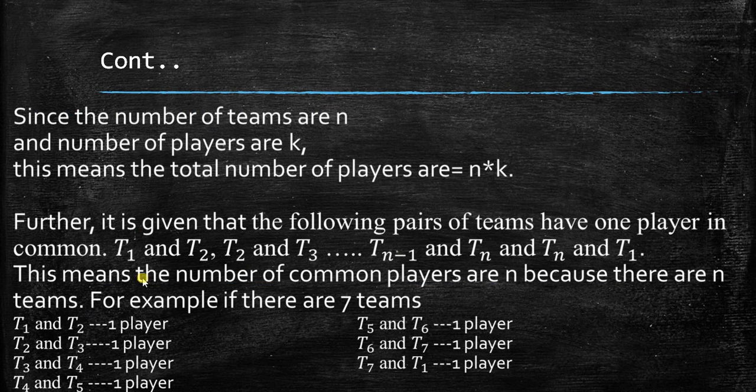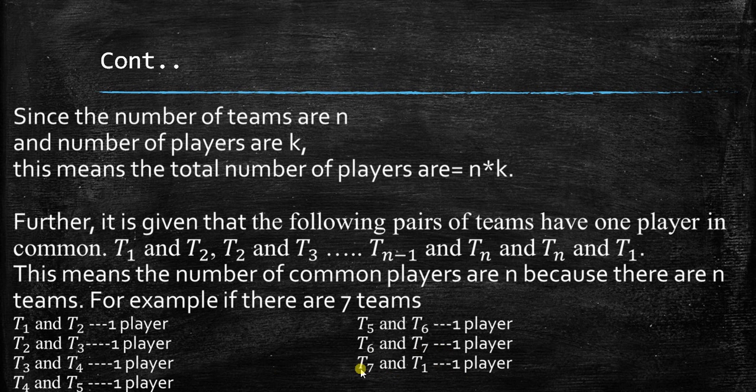The number of teams we have selected is 7. We have assumed it. So T1, T2 has one player in common, T2, T3 has one player in common, T3, T4 has one player in common, T4 and T5, T5 and T6, T6 and T7 each have one player in common.